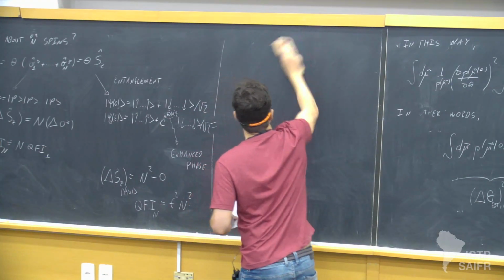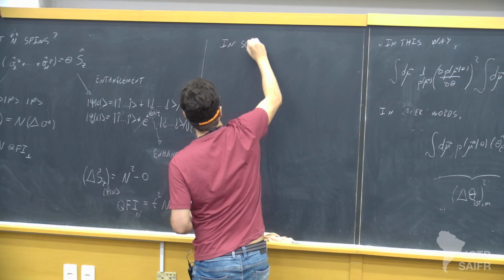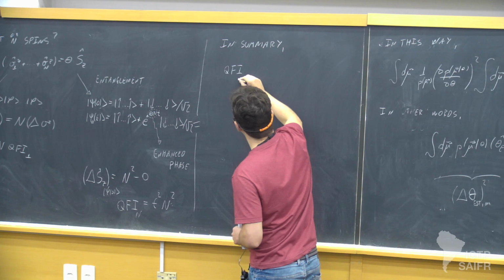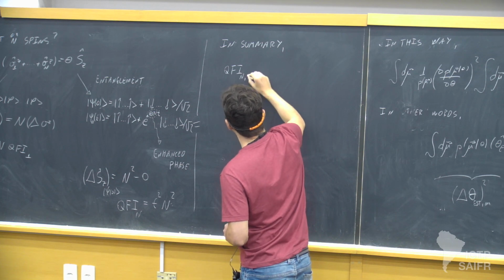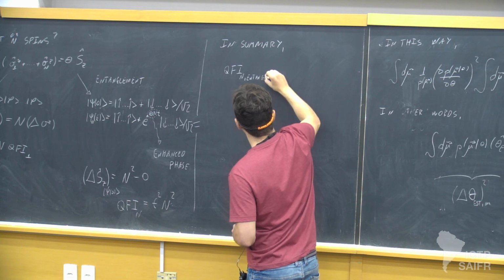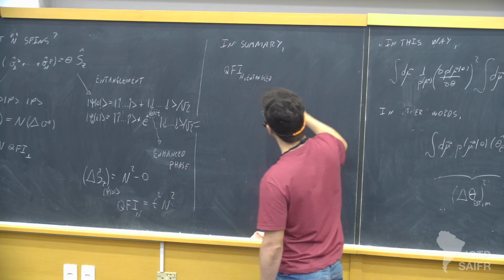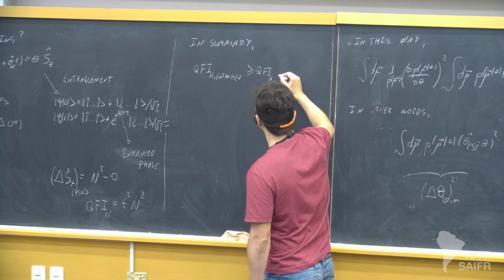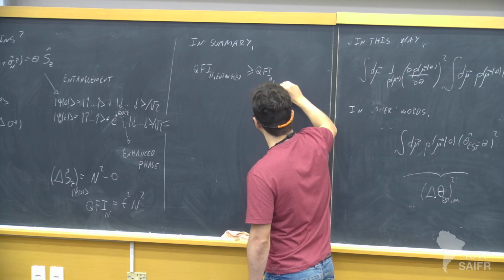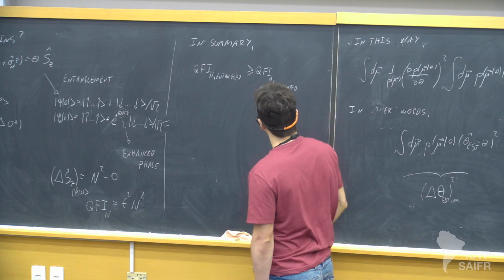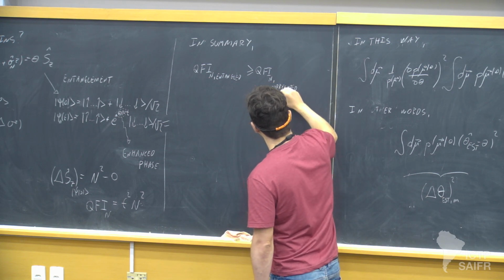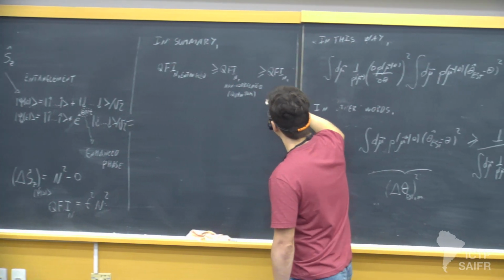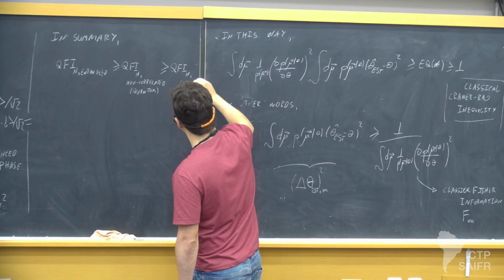So in summary, what I try to say that is going to be important here is that the Fisher information of n particles in entangled systems is always going to be better than the quantum Fisher information of n particles in a non-correlated system, even though they can be quantum, which is also always going to be better than the Fisher information for n particles where you don't have any quantumness, just classical particles.